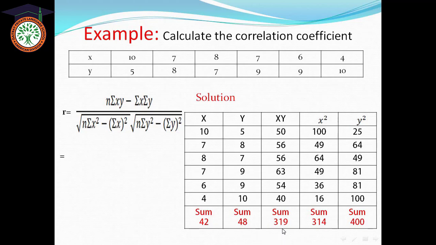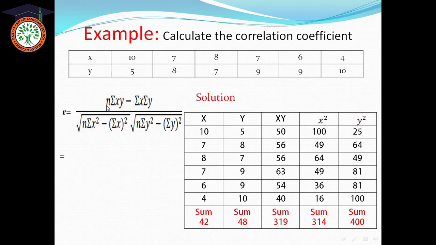The sum of the product of X times Y is 319. The sum of X squared is 314. And the last one, the sum of Y squared, is 400. Here we have all the terms of the formula, so we're gonna substitute them in the formula.